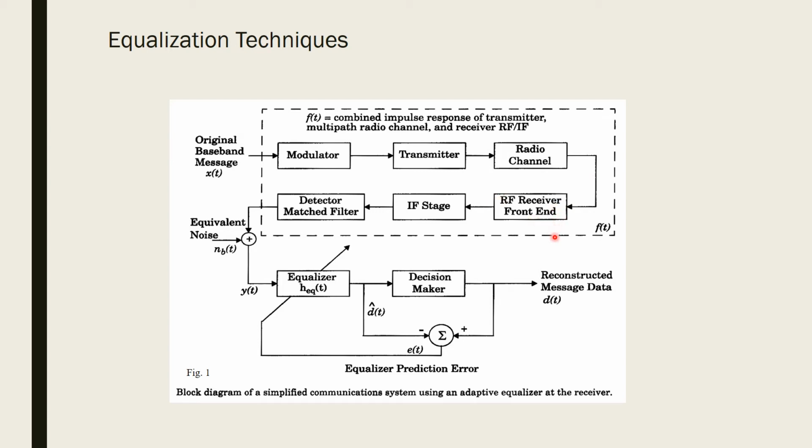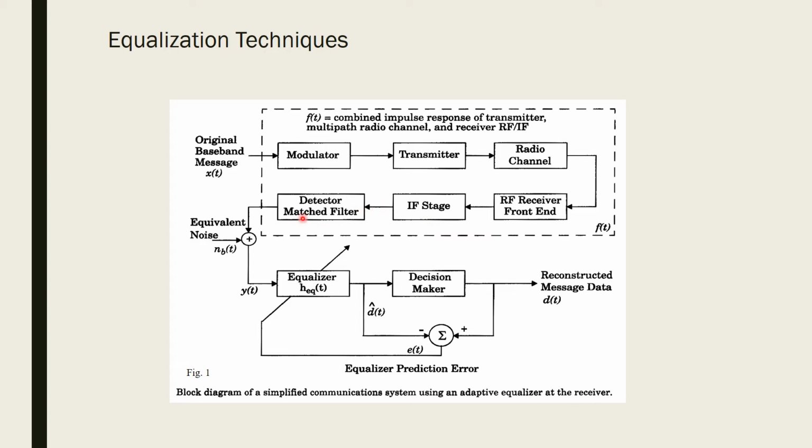This is the front end, and you know that the signal will be of very low signal strength. We have to amplify it. A preamplifier is used, and filters are used after. Overall we call this the front end, and it is fed to the intermediate frequency stage.